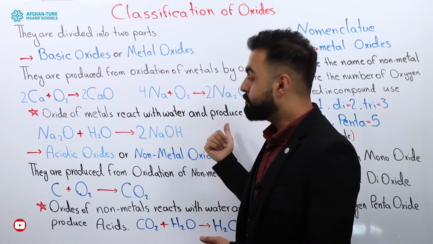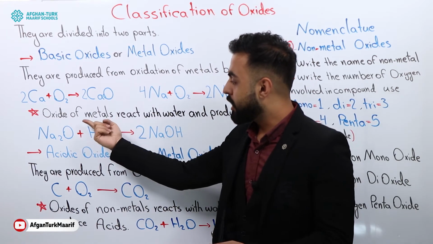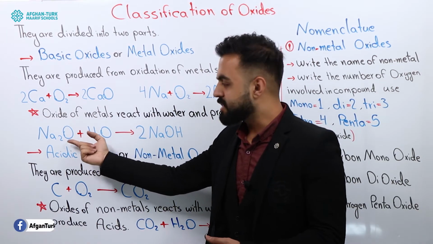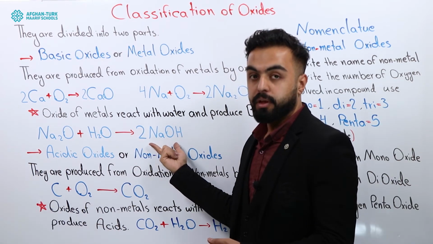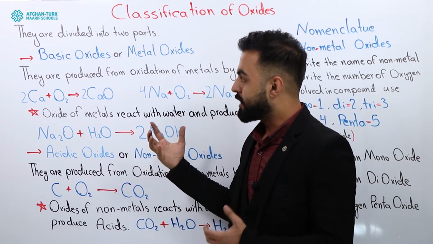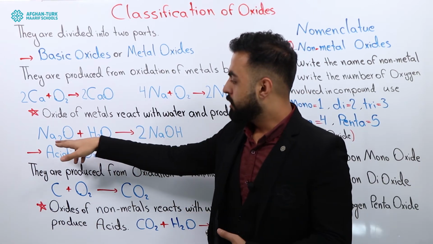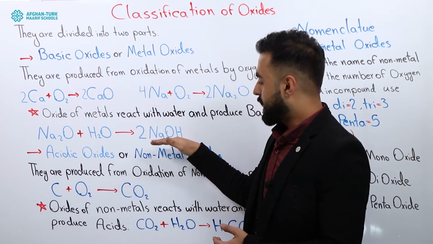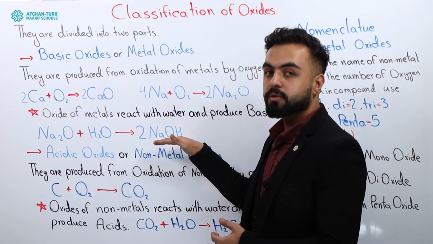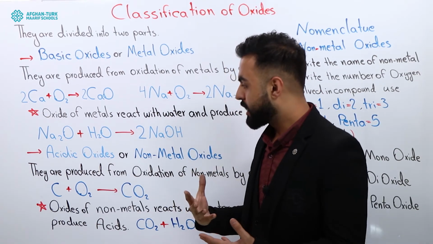That's why we call them basic oxide, because when these oxides react with water, they will produce bases. For example, sodium oxide reacts with water, and here we have sodium hydroxide, which is a base.